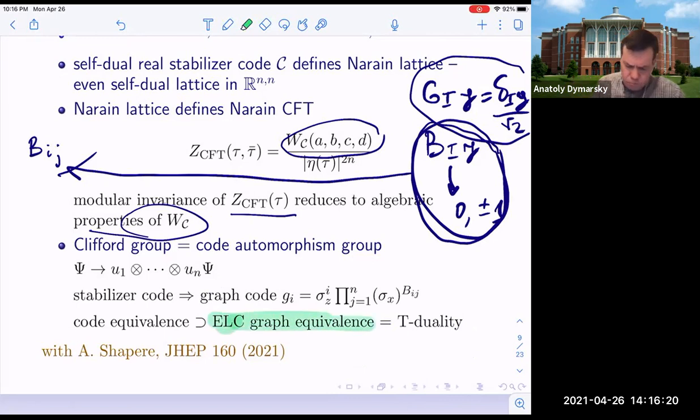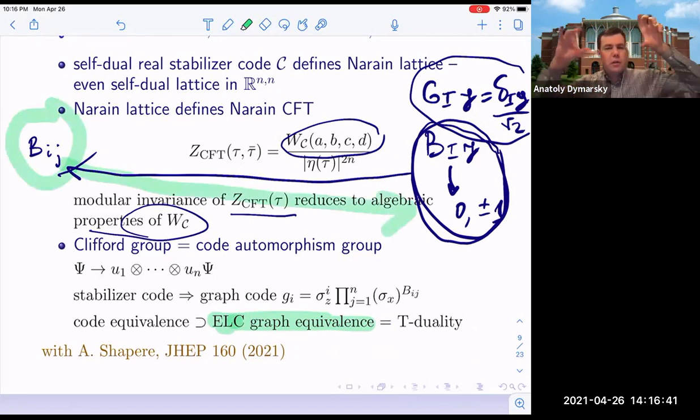There is this edge local complementation. That's a special operation which takes a graph. I'm not explaining it for the sake of time. You take a graph and you use this operation and you produce another graph. And for those two graphs, if you go back and produce the adjacency matrix, and then from there you take the B field and consider two CFTs, those two CFTs will be T-dual.